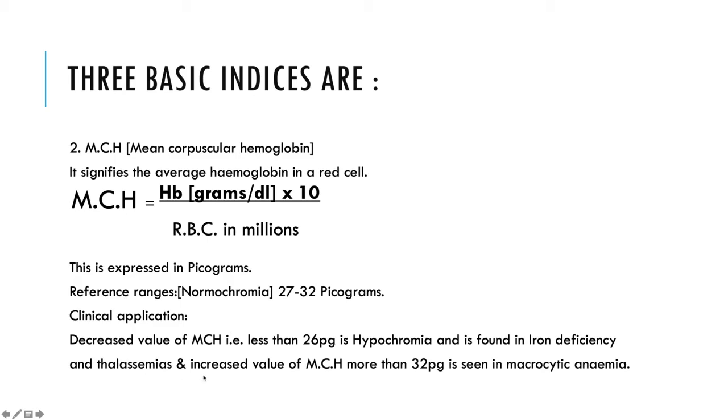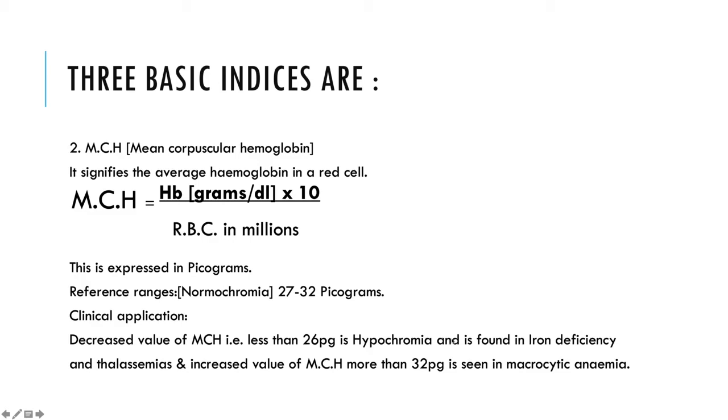The increased value, if it is more than 32 picogram, can be seen in macrocytic anemia, and that condition can also be called hyperchromia. So macrocytic anemia with hyperchromia, and the decreased value can be seen in hypochromia with microcytic anemia.